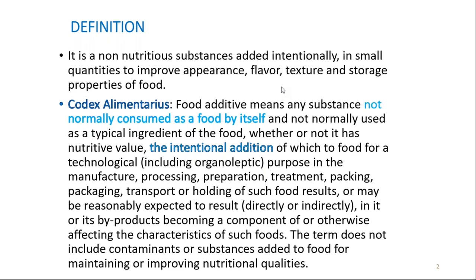Please remember, an additive is different from a contaminant, because contaminants, like pesticide residues, are not intentionally added, but the residues are carried over from the agri-produce. You will later see that a food additive is also different from a food processing aid, because processing aids help in the processing of food.